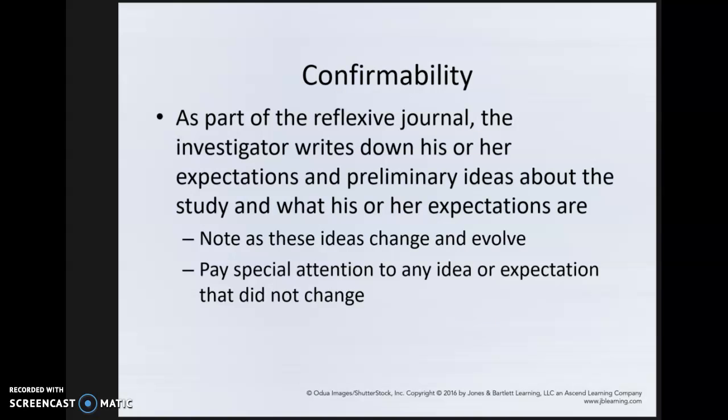When we're looking at the journaling aspect, it's really looking at how the investigator writes down his or her expectations and looking at whether those ideas change and evolve over time. And one thing to key into is if a researcher comes into a study with a preconceived idea of how things should be and doesn't vary their thoughts, even when the content of the study may be contrary to what they initially anticipated.